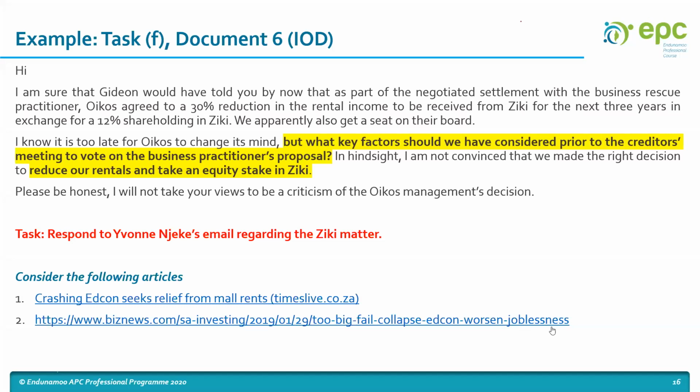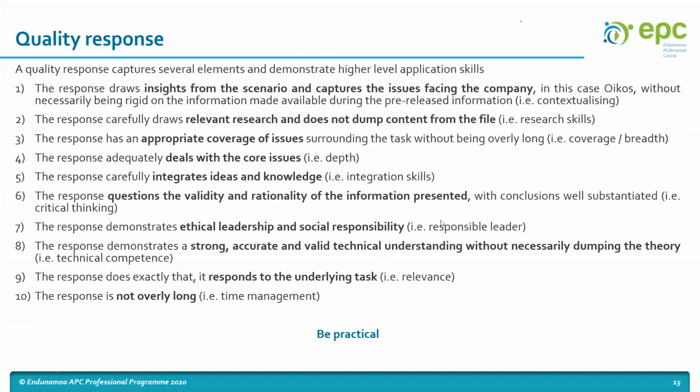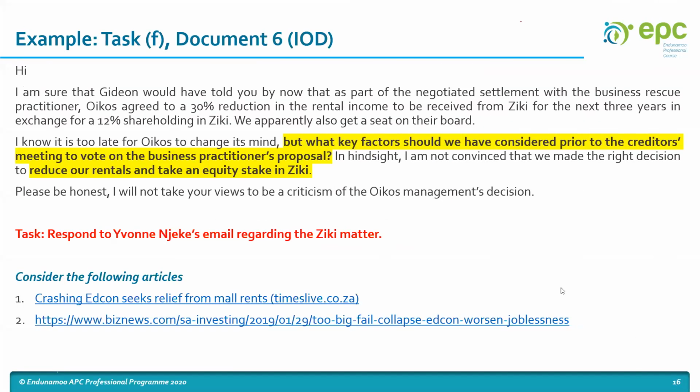And what will it do to jobs? That's a point that one will have needed to consider. And what will that talk to? It will talk to point number 7, ethical leadership and social responsibility. That when we make decisions, we need to consider the impact on jobs, especially in this tough economy.